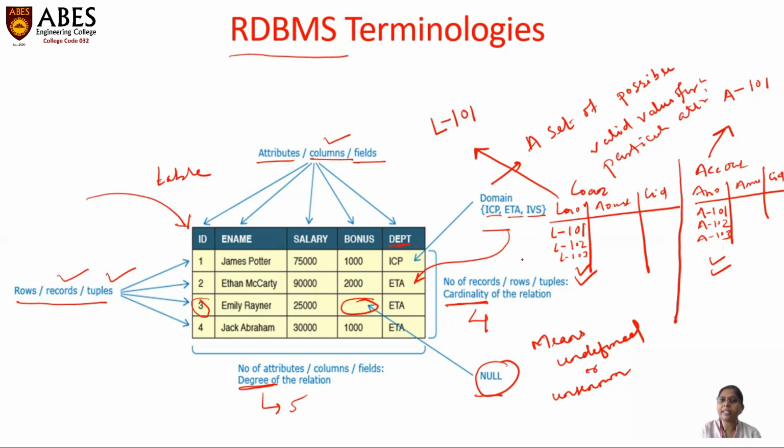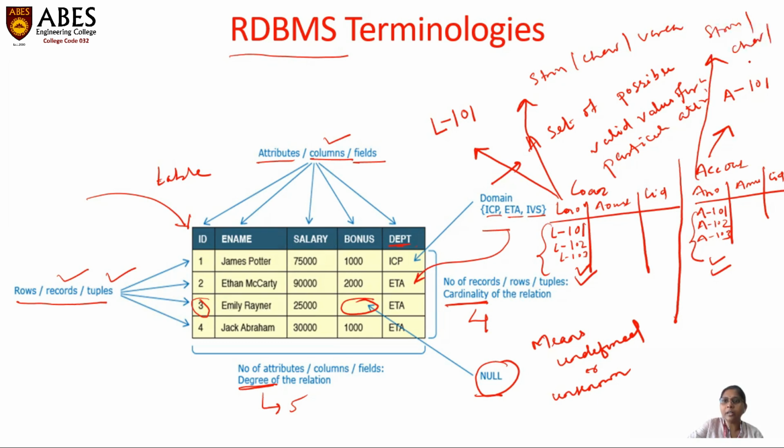So in this case, if I say loan number, account number, they both have different domains, but the data type is same. This loan number attribute can have the type as string, or we can say that the character or varchar, and account number as same string or character or varchar.